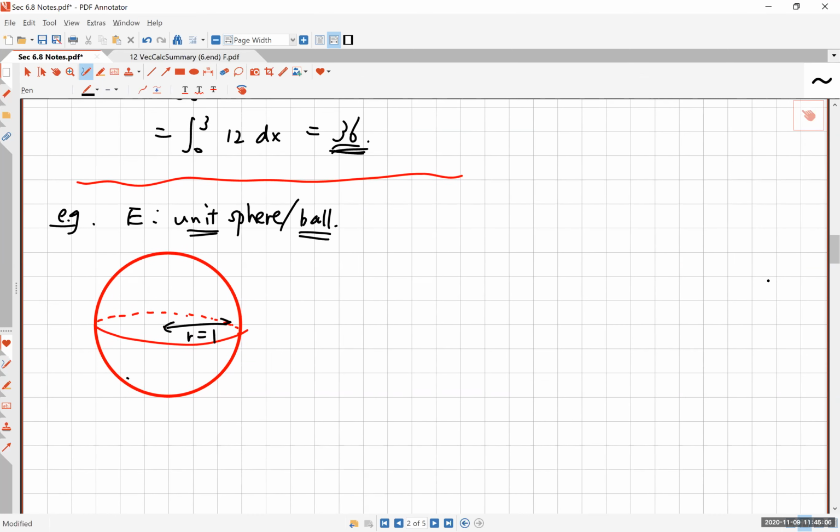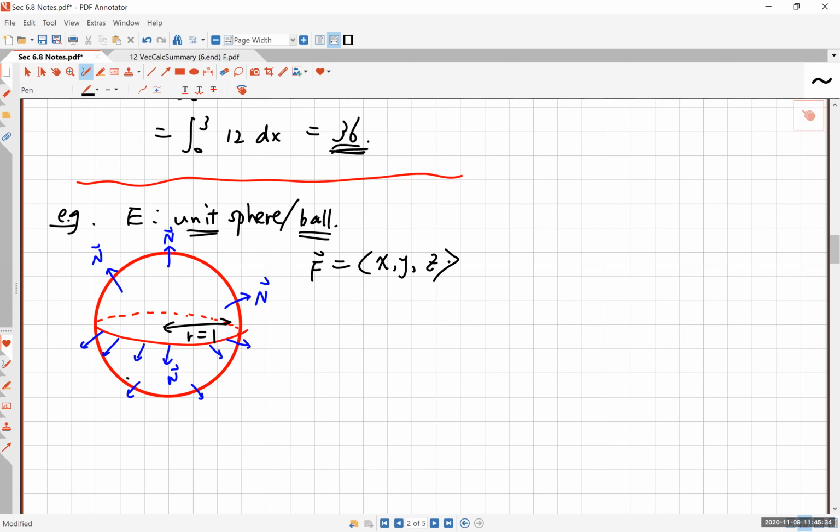And so that is my E. And of course, if you graph in your normal vectors, they all look like this. They're perpendicular to the surface, the unit sphere, and so on. And then the question now is, of course, how much of the stuff is coming out? Let me give you F. F is very simple: x, y, z.